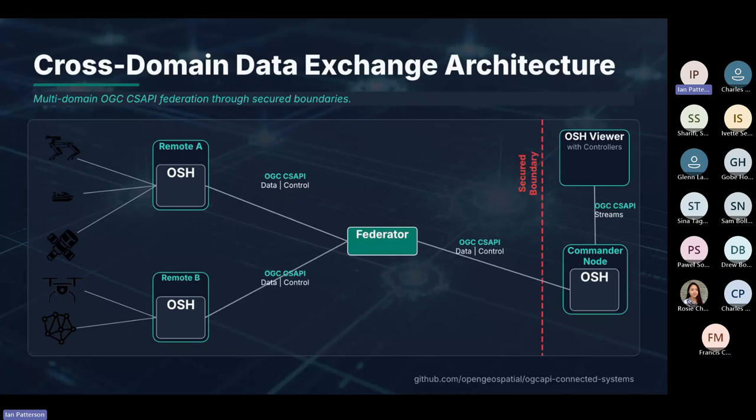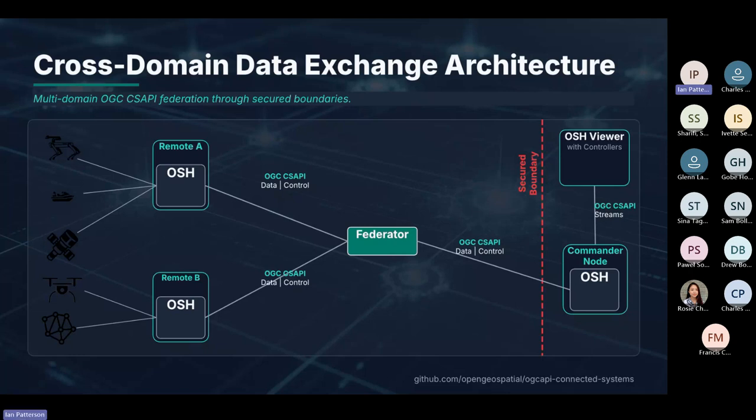This is just generally a security concern. What this lets us do is this: the federator is running a broker underneath it, and that broker only has one point of ingress into this secured boundary, versus having n number of connections needing to be made to the outside.